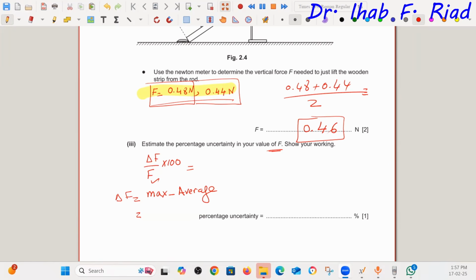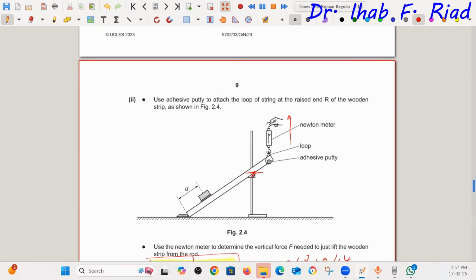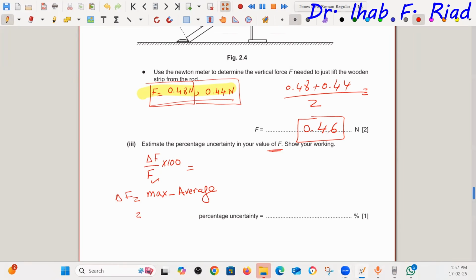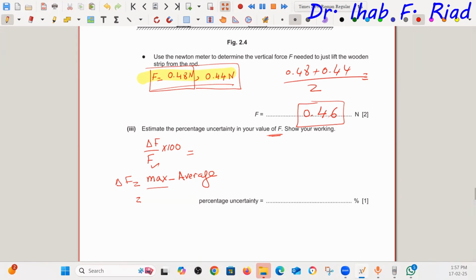Yes, I can. Okay, so we said that if we are just doing one measurement for the force, yes, the uncertainty is going to be that of the instrument. But what if we have two? We can use maximum minus average. What is the maximum for F? 0.48.